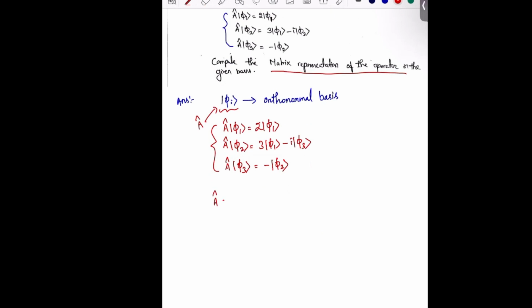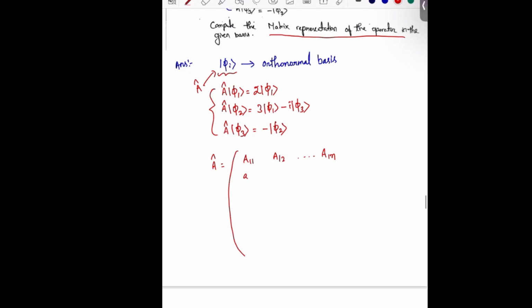So A is normally represented generally as A11, A12 up to A1n, A21, A22 up to A2n, going around up to An1 and Ann.